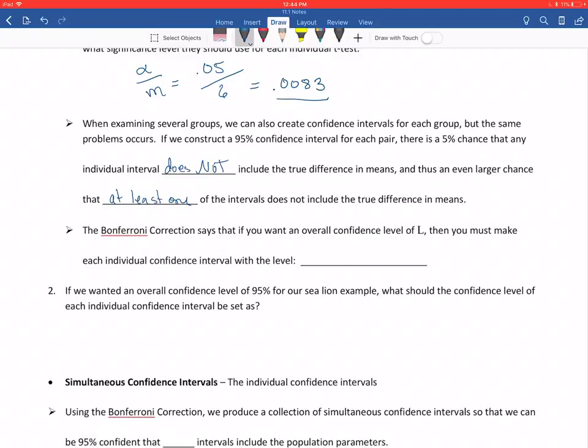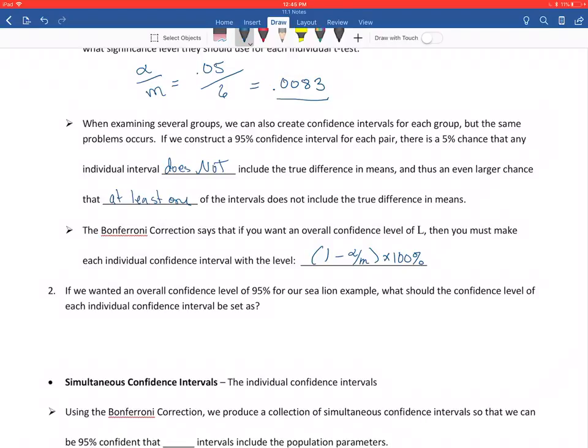So we can apply the Bonferroni correction again, and it says if you want an overall confidence level of L, then you have to make each individual confidence interval with the level 1 minus alpha over M, multiplied by 100%. Now that looks really confusing. It looks like it's a lot of work, but our hypothesis alpha values and our confidence interval confidence levels have always been related in the same way.